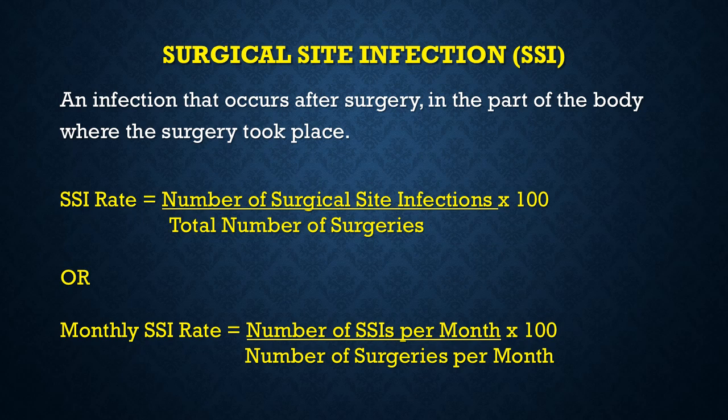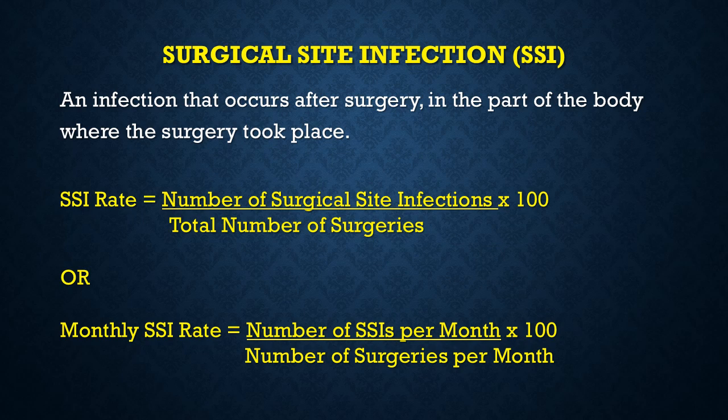Now, surgical site infection, or SSI, is an infection that occurs after surgery in the part of the body where the surgery took place. The SSI rate can be calculated in various ways, in various scenarios, however it is required.